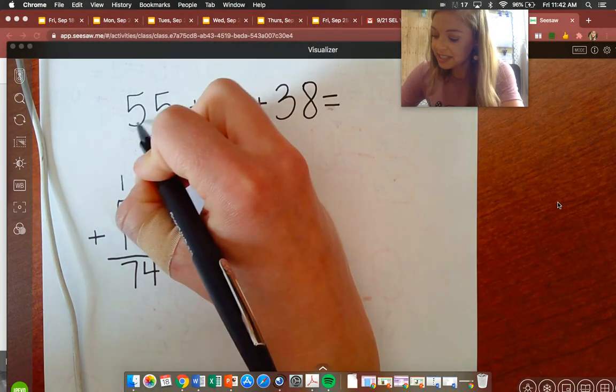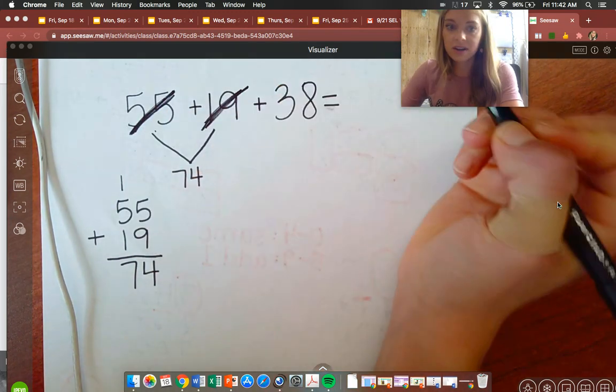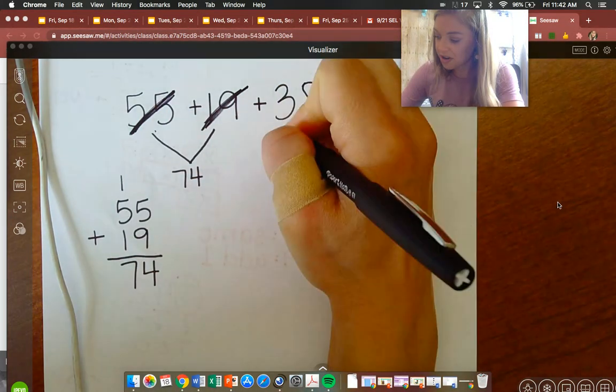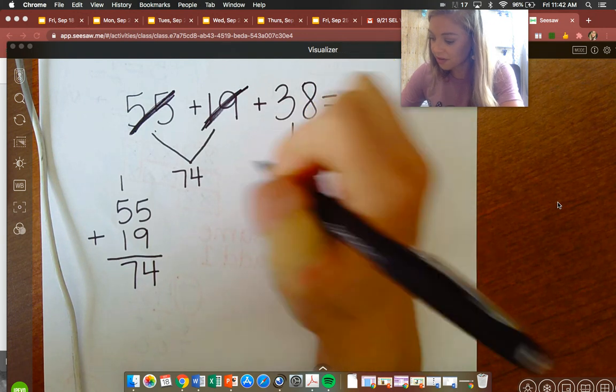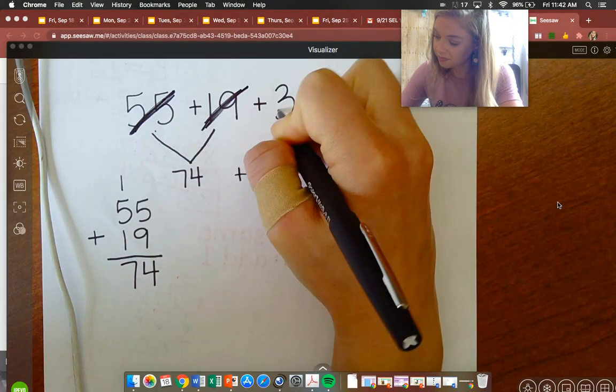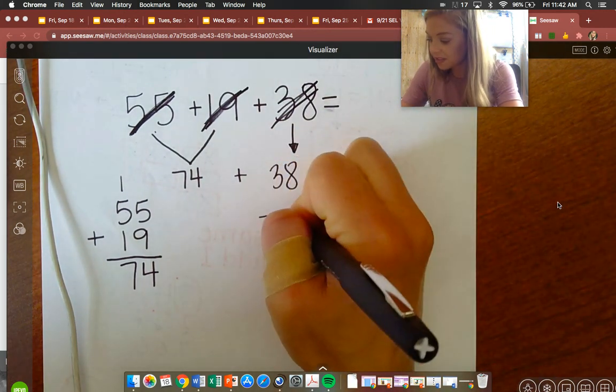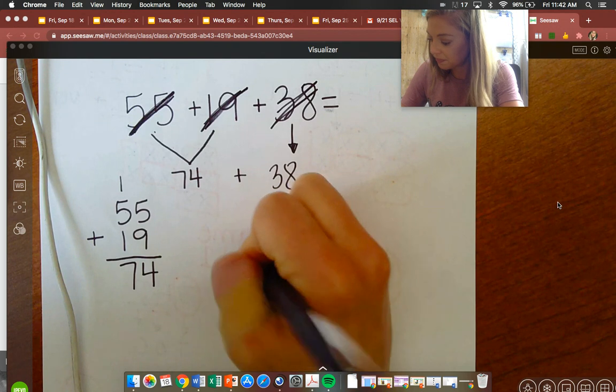Now I'm going to cross these numbers out because I just used them. I don't need them anymore. But now I need to add 38. I need to bring down 38. So I have 74 plus 38 now. Now I can do that problem vertically. So this is like a 2-step problem.